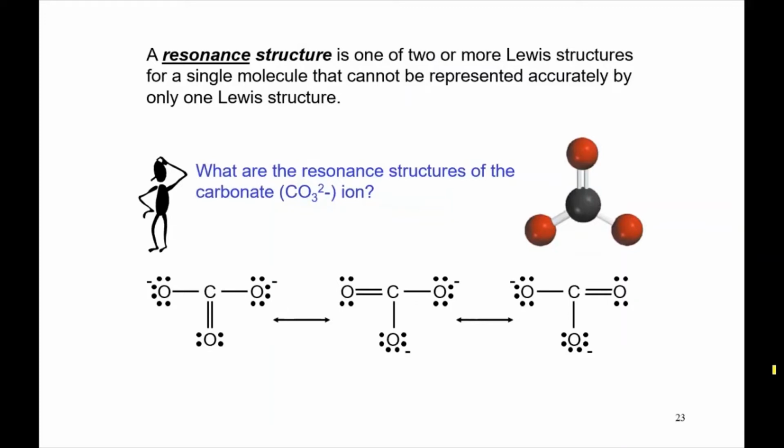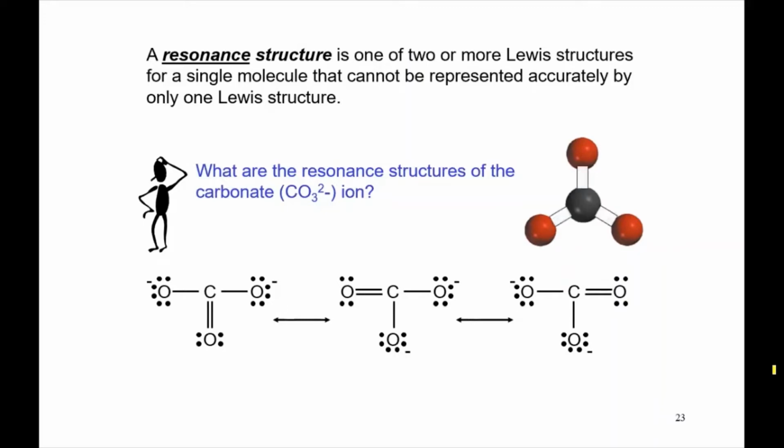And what that represents is that these three structures are the three possible ways of connecting that double bond in this molecule. But the thing is that none of these structures exists by itself. What you have really is a blend of all three of them.